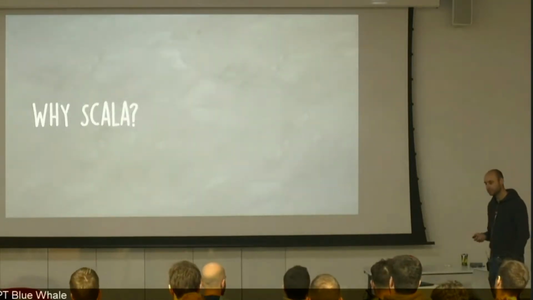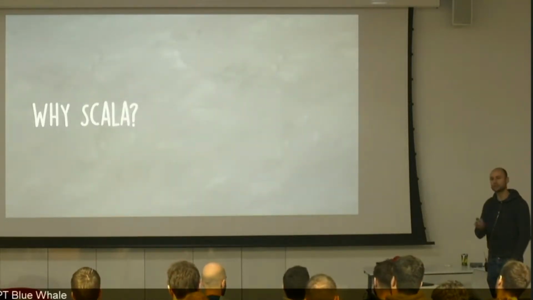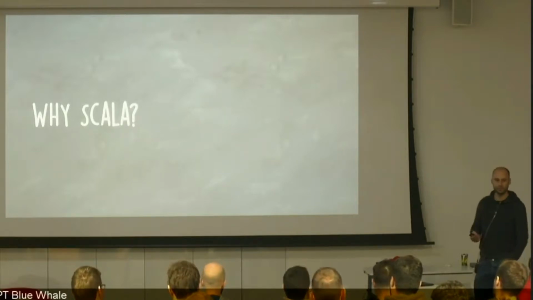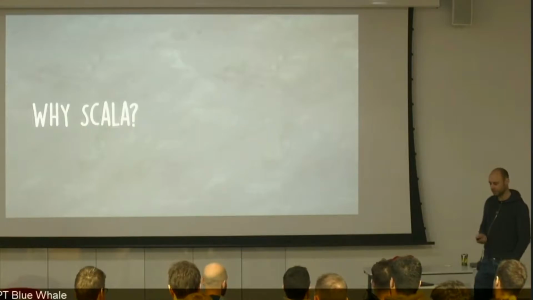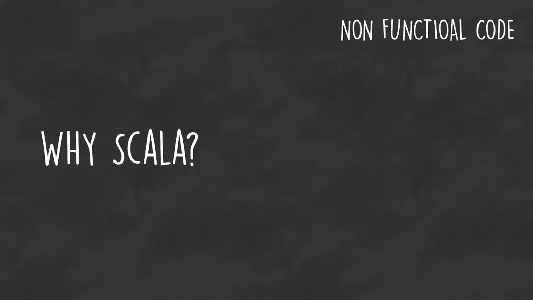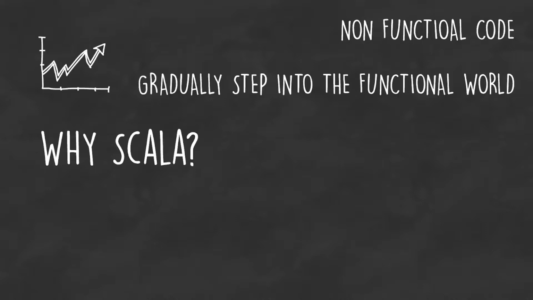And why should we choose Scala as a functional language? Scala is not the only language out there to develop functionally, but there's some advantages. First of all, mainly, it lets you write non-functional code. This is great. Why? Because it lets you gradually step into the functional world. You start writing Java-like code if you want, simply without semicolons, maybe, right?